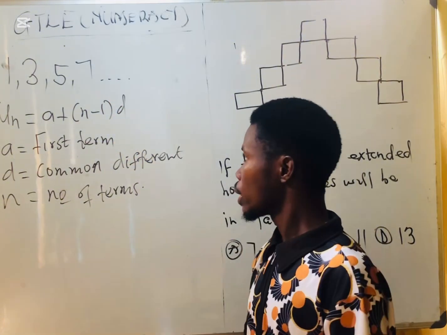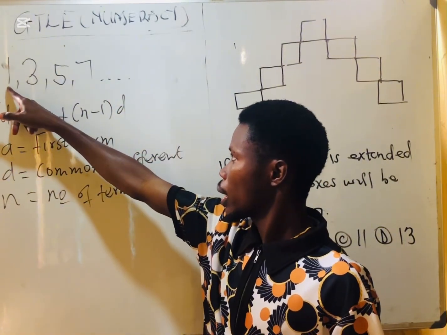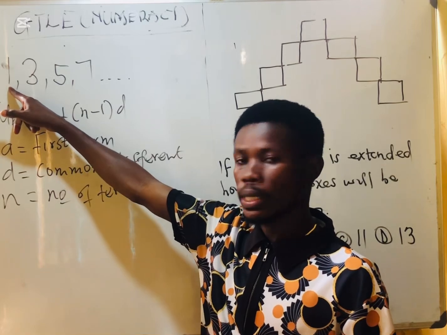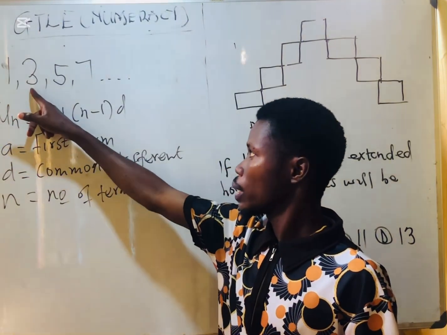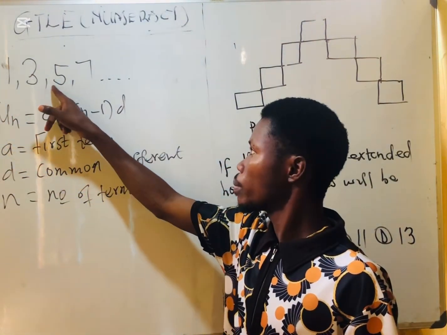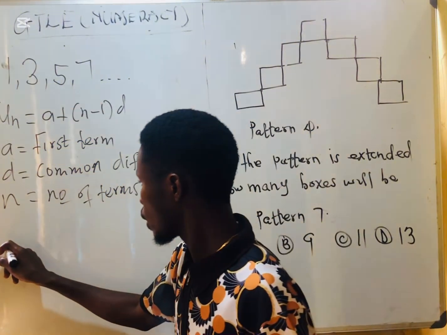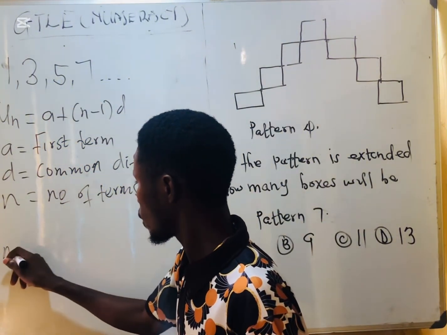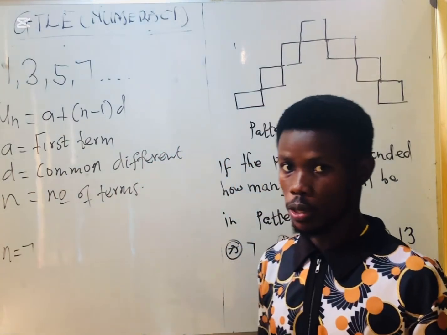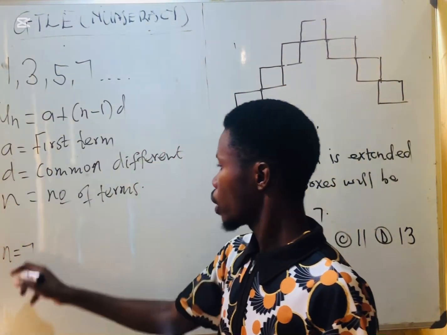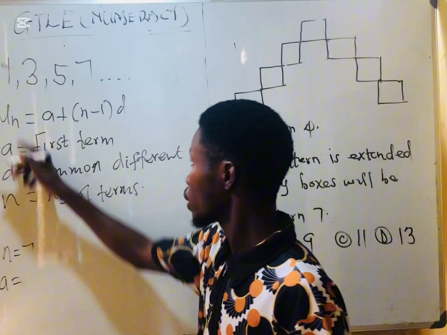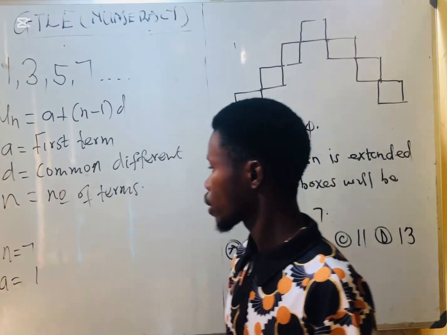So this one is n equals 1, that's the first term; n equals 2, second term, third term, fourth term. In this case our n will be 7, because that's what we are looking for, the 7th term. And the first term is the first number, which in this case is 1.